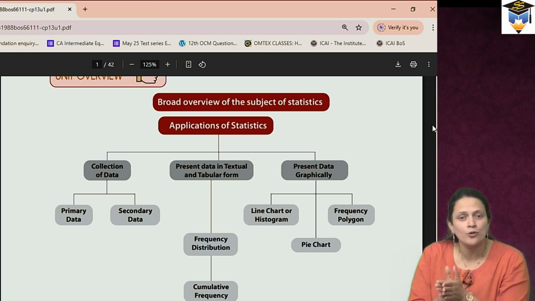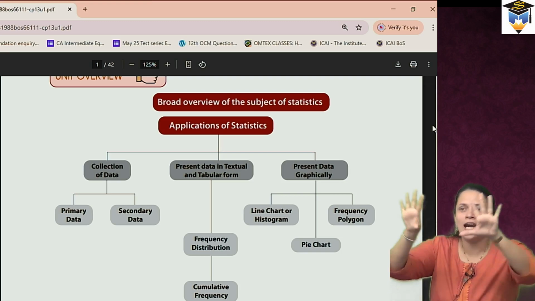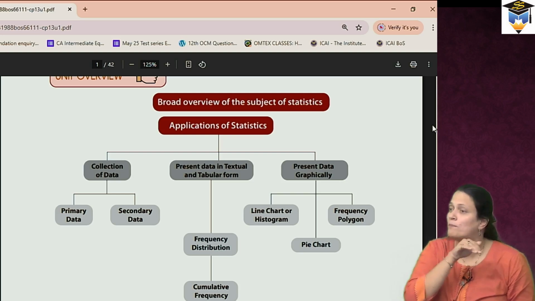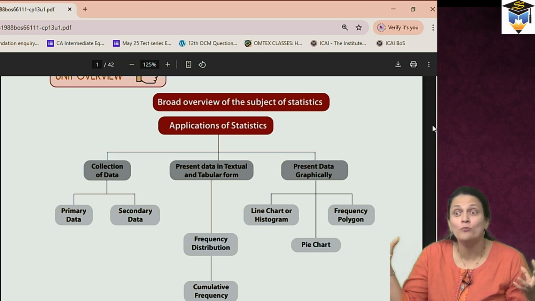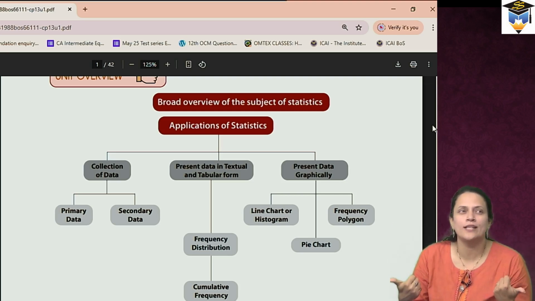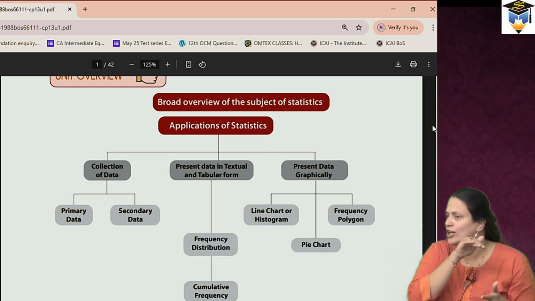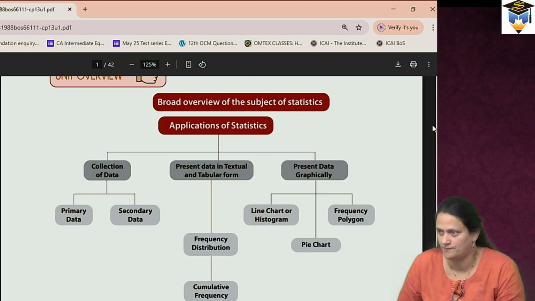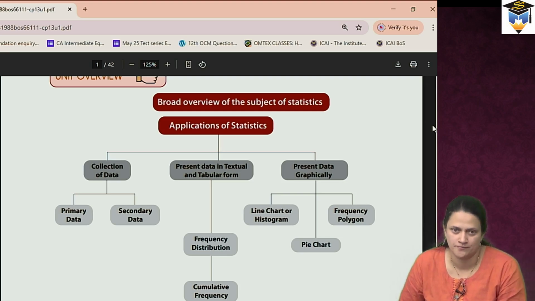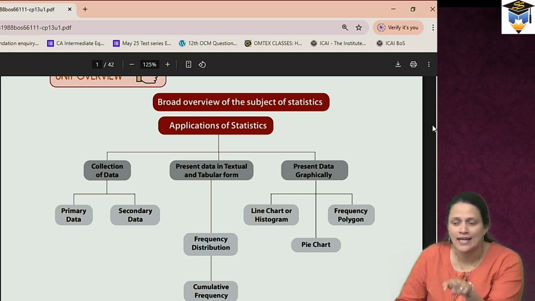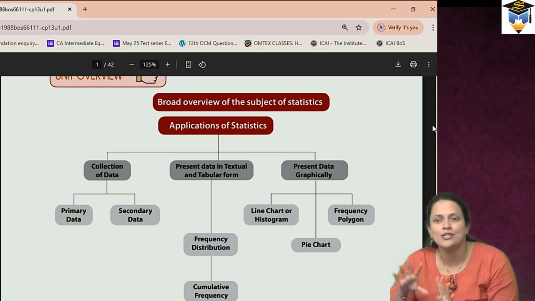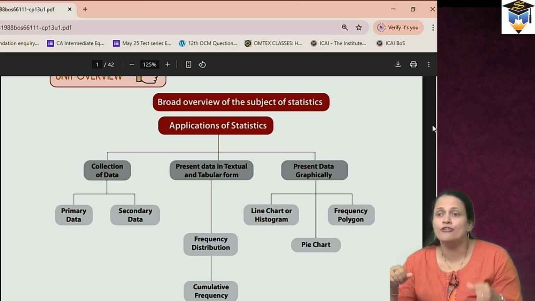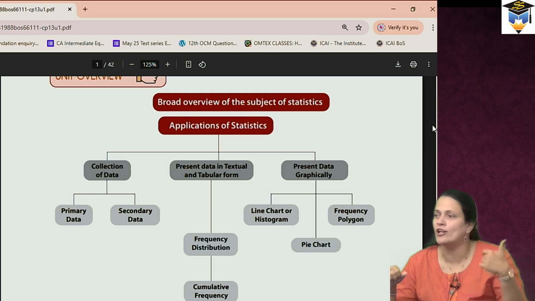So basically what I am doing, I am converting a large amount of data into 4 parts or groups in order to minimize the confusion, according to the region. So basically statistics means what? A large amount of data that is collected, which can be a primary data or a secondary data.